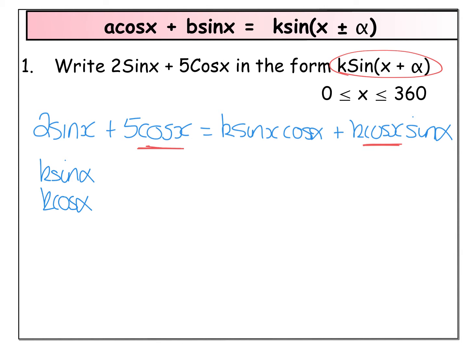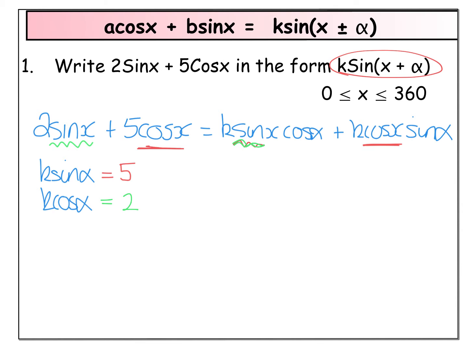So k sine alpha is equal to 5. It's the opposite now: whereas in the other ones cos is with cos, now sine is with cos. And then for cos alpha, cos alpha is with sine x, and the sine x is with 2. So they are my two little coefficient bits.